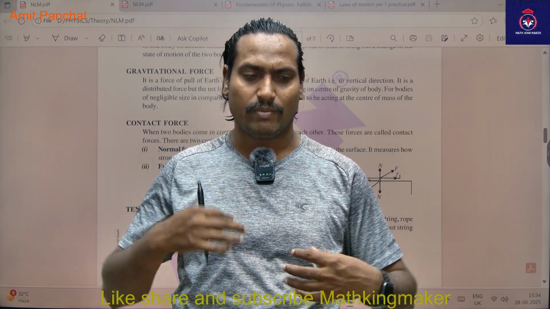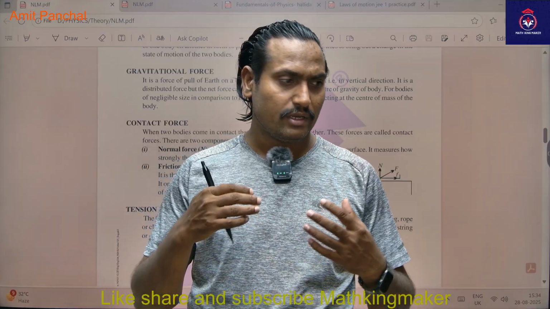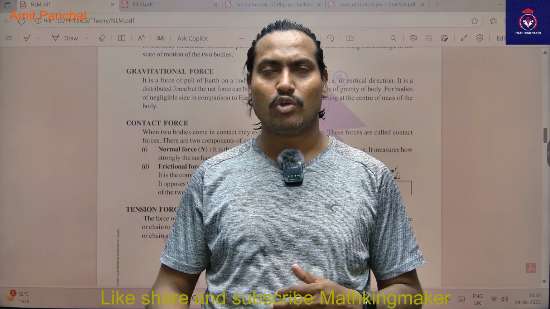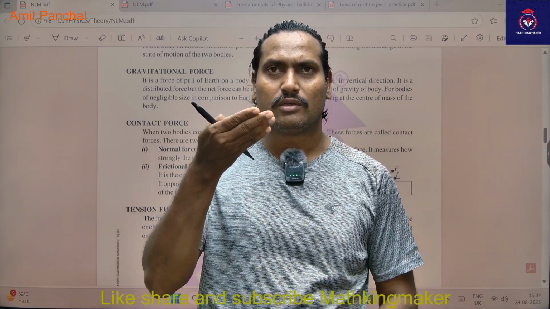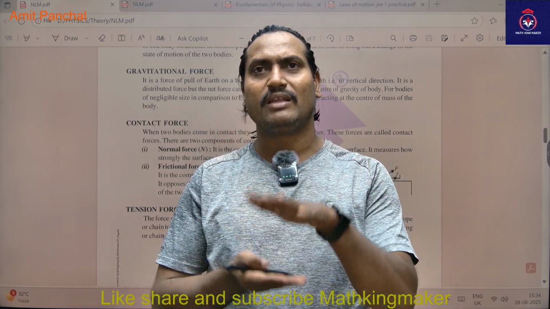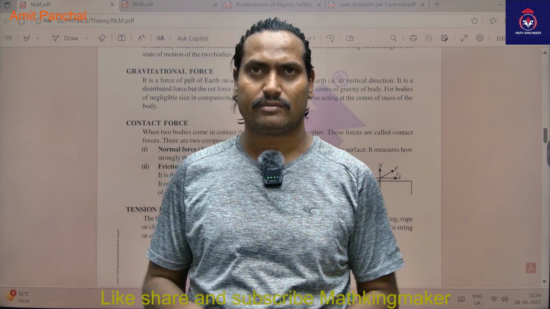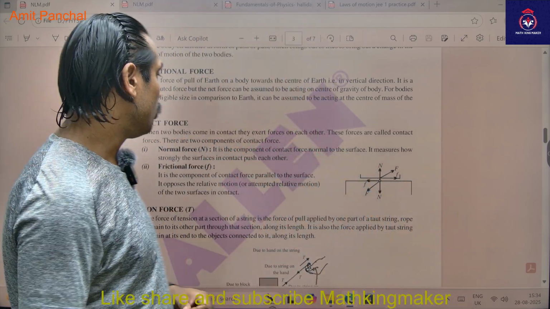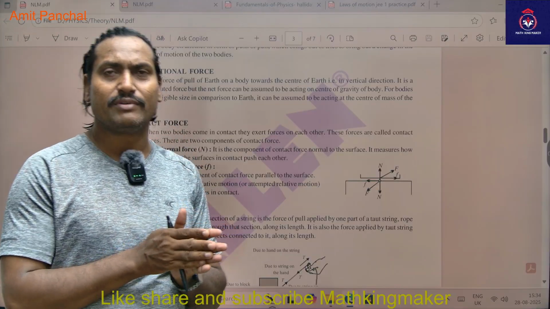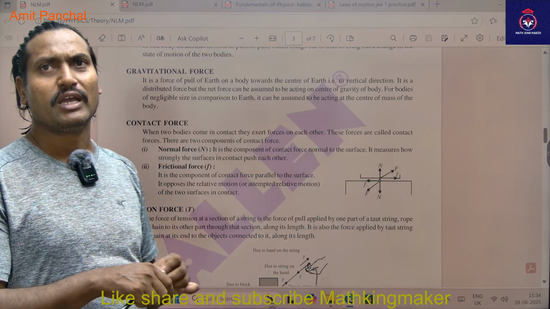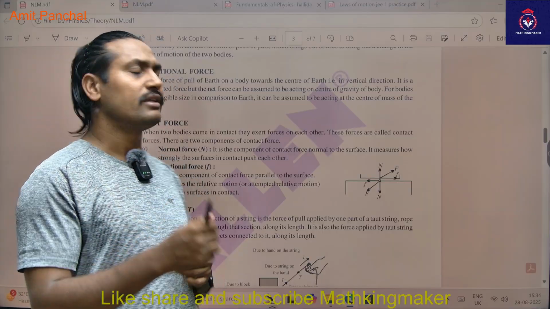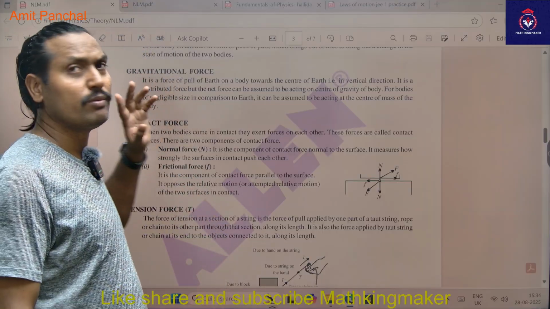I have weight, which is downward, and the normal force is upward to the weight. These two forces are balancing each other, that's why I am standing. Once there is a surface in contact, that surface will apply a normal force, and that normal force is always perpendicular to the surface.